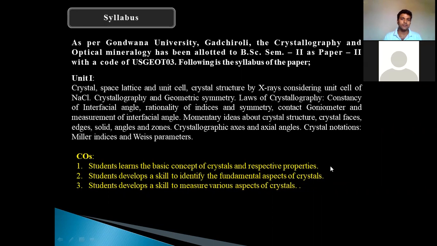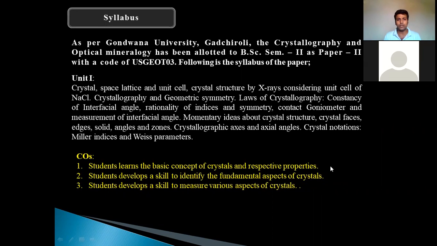Crystal structure by X-ray considering the unit cell of NaCl, crystallography and geometric symmetry, laws of crystallography, momentary idea about crystal structures, crystal phases, etc. We'll also be discussing crystallographic axes and axis angles, and crystal notations like Miller and Rees parameters.